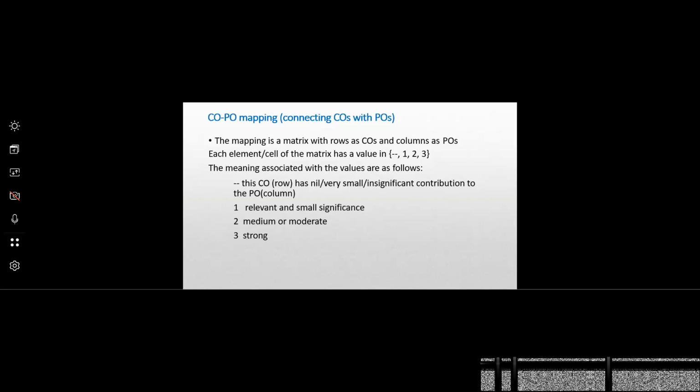In rows we have COs, and in columns you will have the POs, and we have the 12 program outcomes that I have shown to you. These 12 program outcomes are to be mapped with the particular course outcome. Let us see how we can do that.